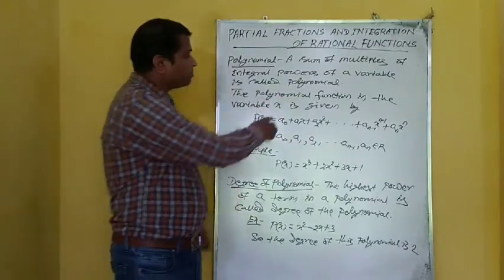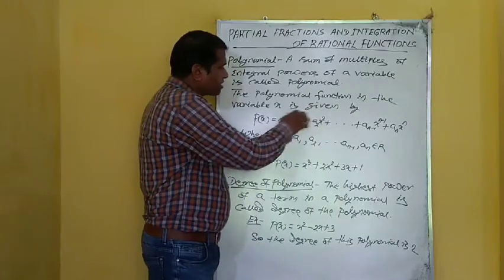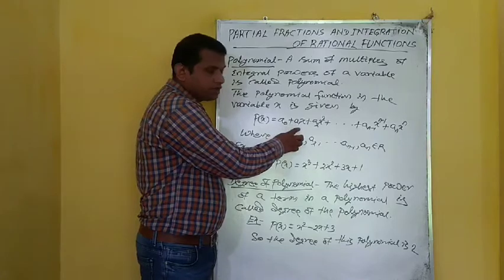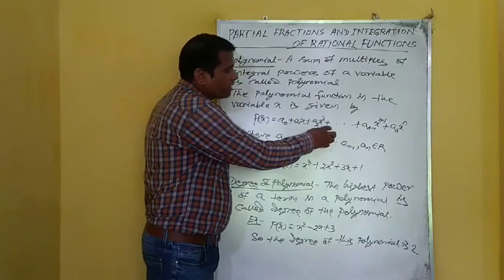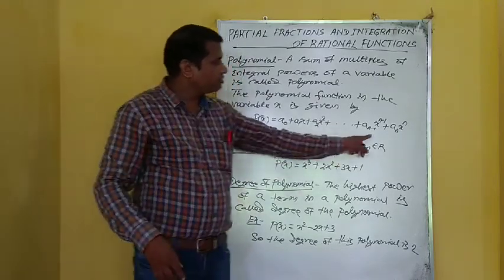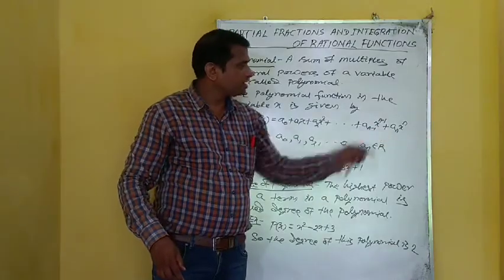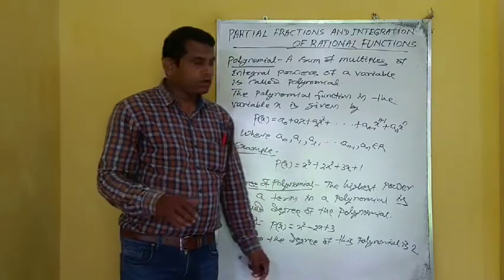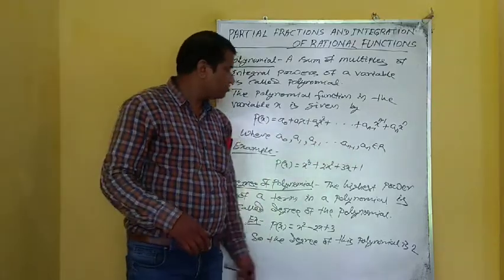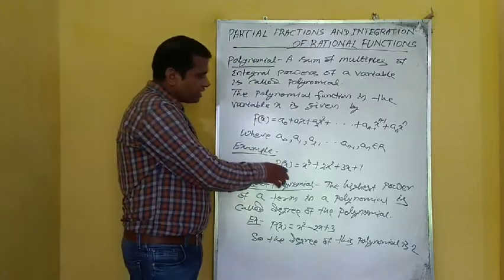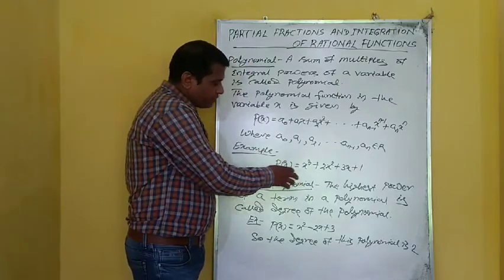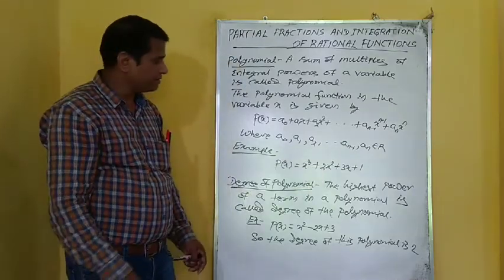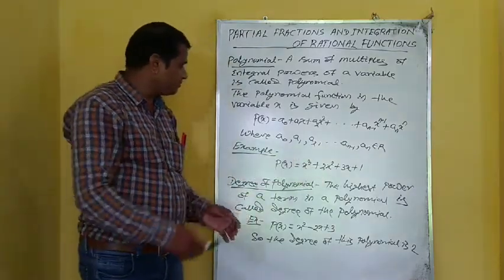The polynomial function in the variable x is given by p of x is equal to a0 plus a1x plus a2x square plus a n minus 1 x to the power n minus 1 plus a n x to the power n, where a0, a1, a2 up to an belong to real numbers. So now we take an example of a polynomial. P of x is equal to x cube plus 2x square plus 3x plus 1. It is a polynomial. Okay.